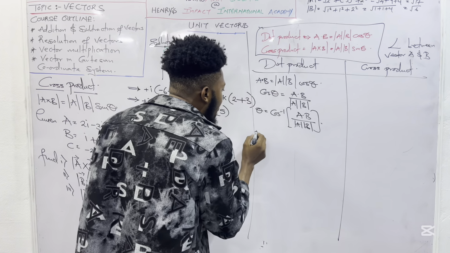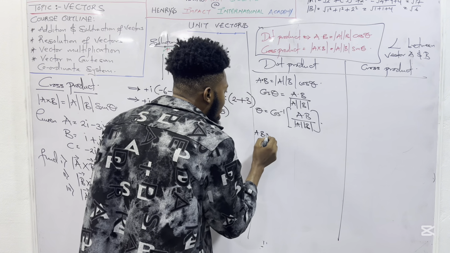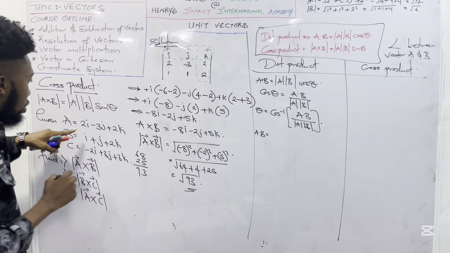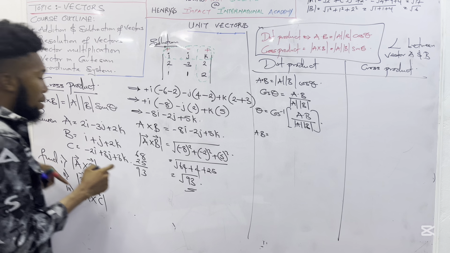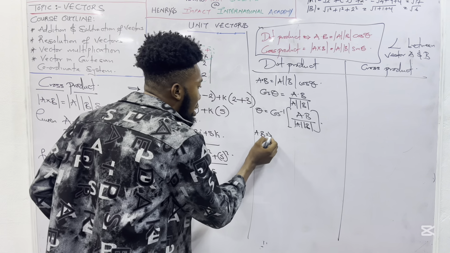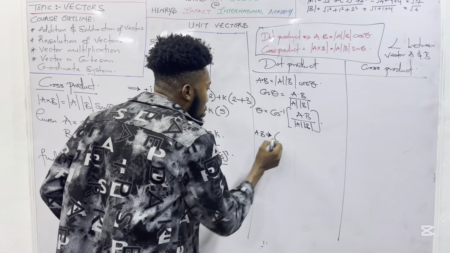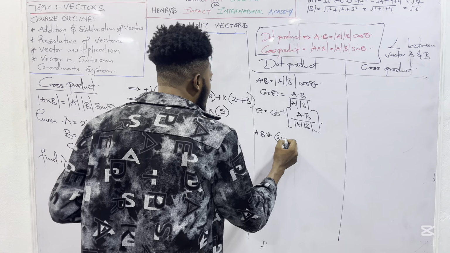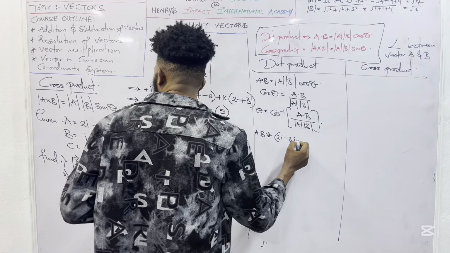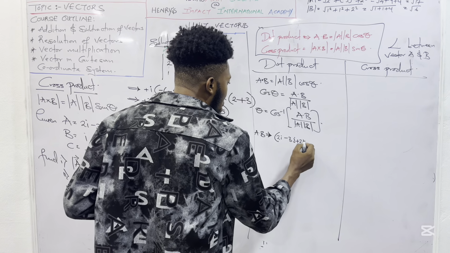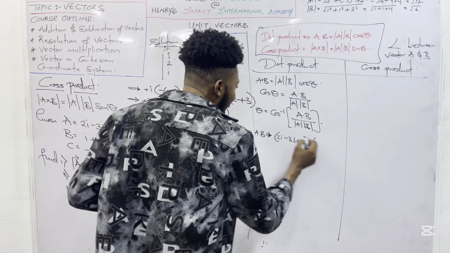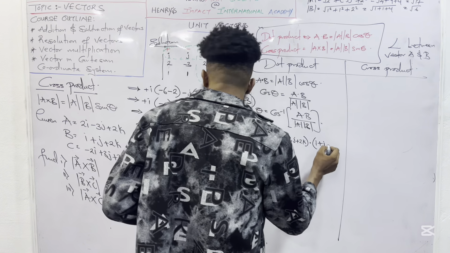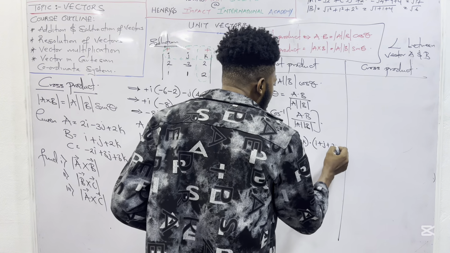We'll come here and tell ourselves A dot B, just like we said earlier. Let me just follow the approach we did earlier. A dot B is simply A, which is 2I minus 3J plus 2K, multiplied by, that dots, B, which is I plus J plus 2K.